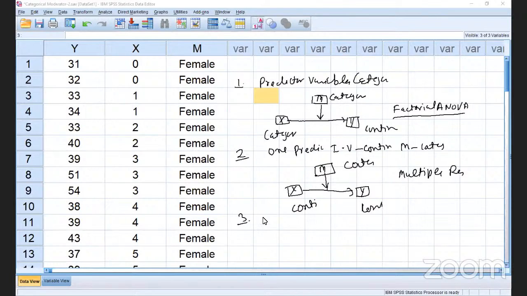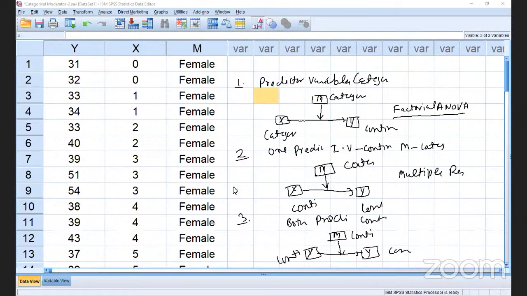And third condition, both predictors continuous, means this moderation, this IV independent variable, and DV always continuous. So here this is continuous, continuous, and continuous.